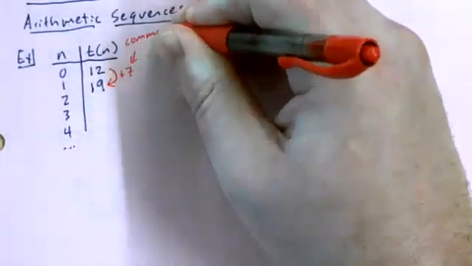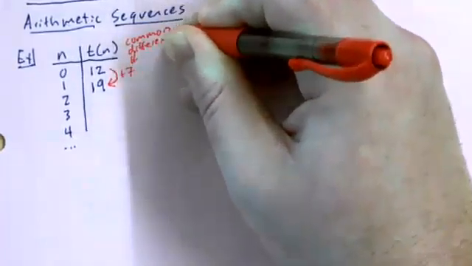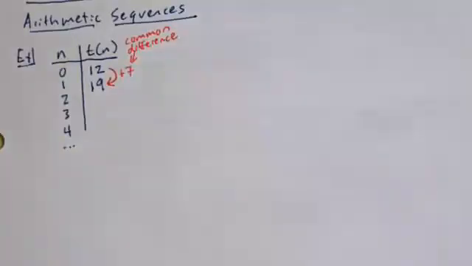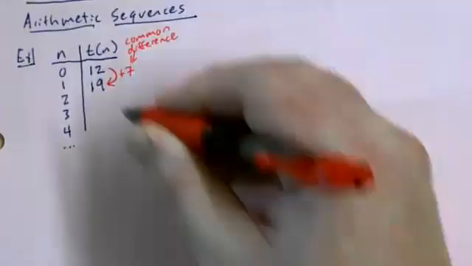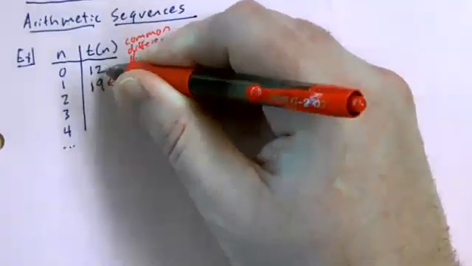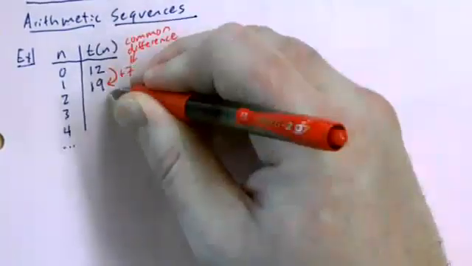Please write that down so you've got it in your notes. That 7 is our common difference. Remember, you can always find the common difference by taking any term in the sequence and subtracting the previous one. So if I went 19 minus 12, that would give me that +7.